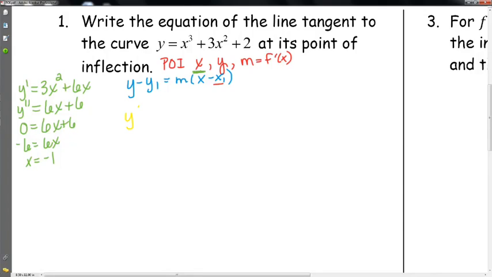So y of -1, going back into the original function, is -1 to the third plus 3 times -1 squared plus 2. That's going to give me -1 plus 3 plus 2, and that is 4. So there's my y-coordinate.